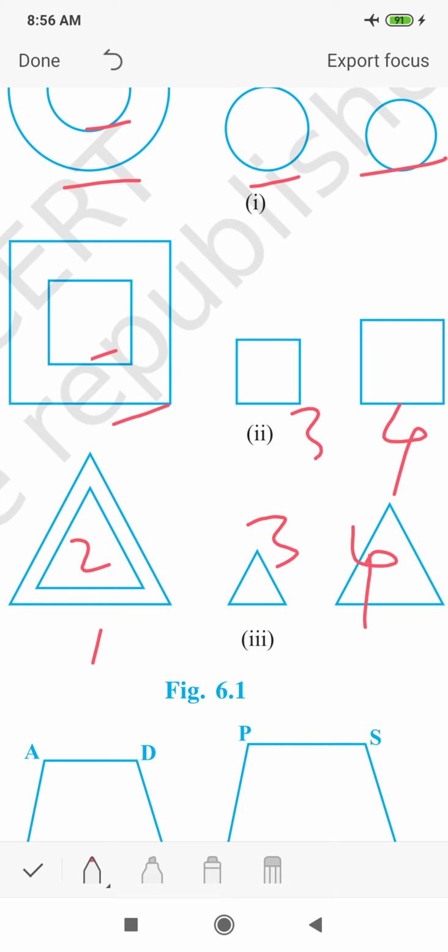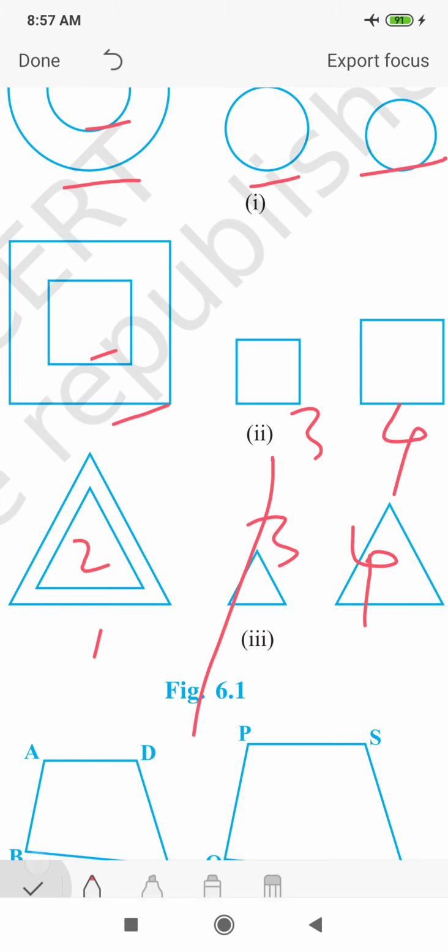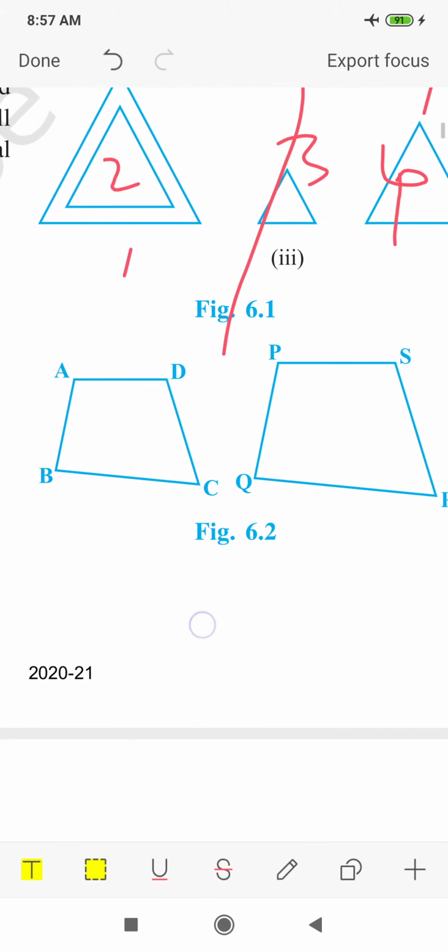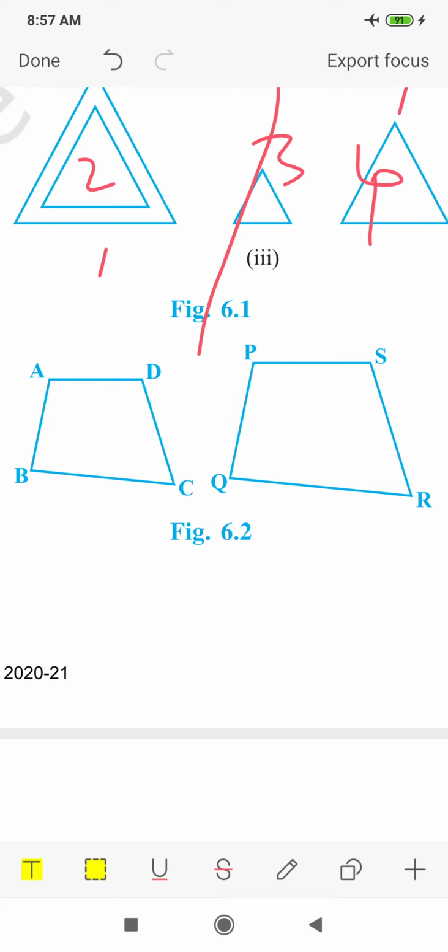Now consider these two quadrilaterals. These two quadrilaterals are also similar to each other because they look the same, but their size is different. Their shapes are the same, size is different.